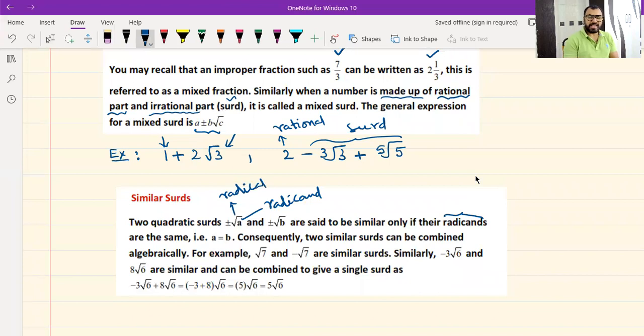If the radicands are the same, that is A equal to B. In other words, two surds are said to be similar if their ratio is a rational number.